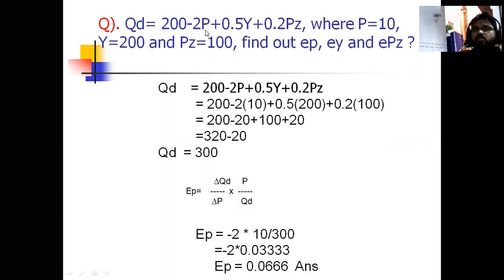If price is equal to 1 rupee, how much is the quantity demand? The quantity demand is 198. And if the price of the commodity is 2, the quantity demand is 196. See, if the price of the commodity is increased by 1 rupee, the quantity demand is going to decrease by 2 units.